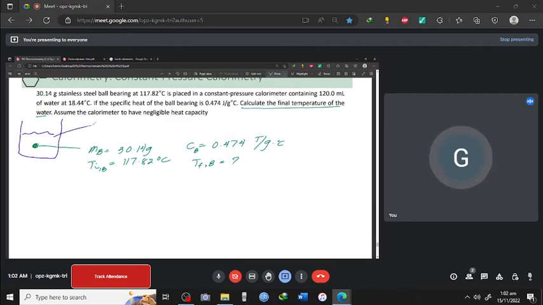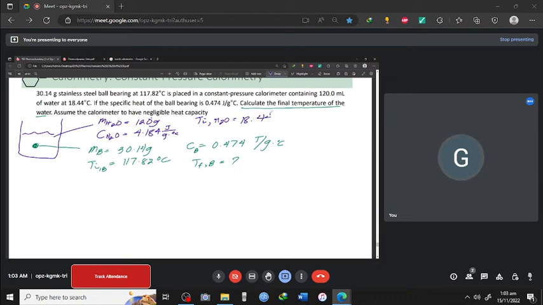So for water naman, the mass of water is given as 120 ml. So assuming that our density of water is 1 gram per ml, that will be 120 grams. For the specific heat of water, that is 4.184. Again, dapat memorize to. And then lastly, yung temperature initial ni water is given as ano ba?